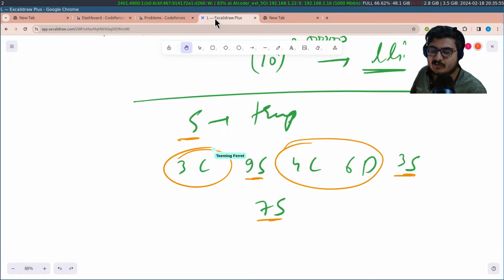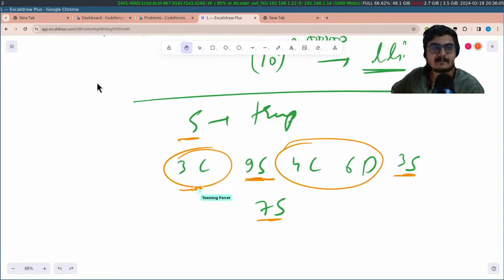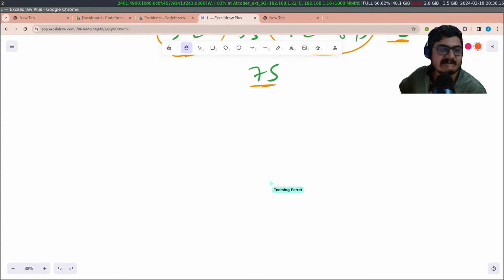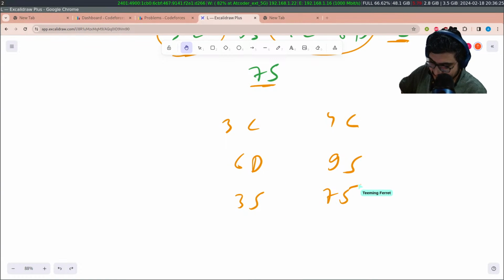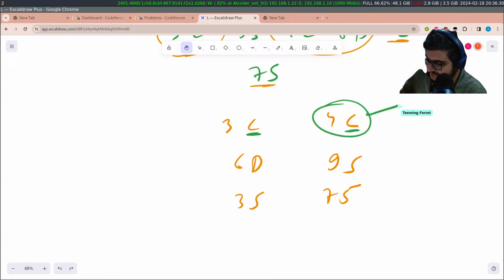So one possible way is to choose a pairing such that the second player always gets a trump card and the other player can get anything. If we look at the output over here, the output is 3C, 4C, 6D, 9S, 3S, 7S. In this case, both of them have the same suit, so the higher rank wins, and this is valid.